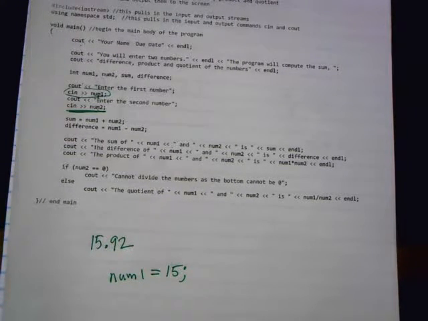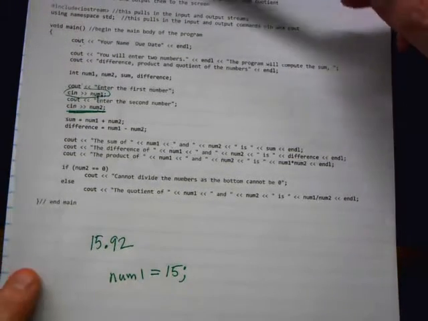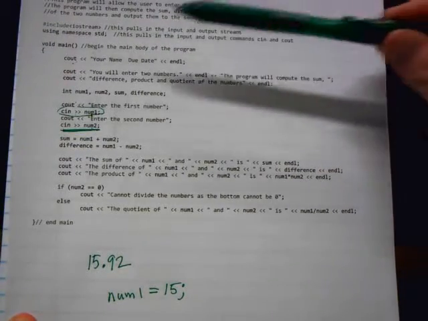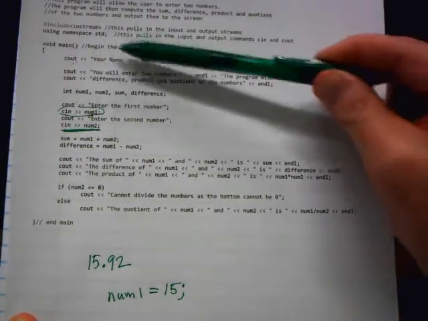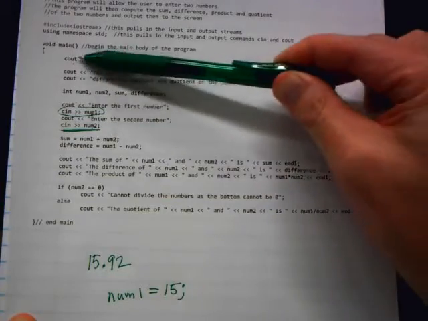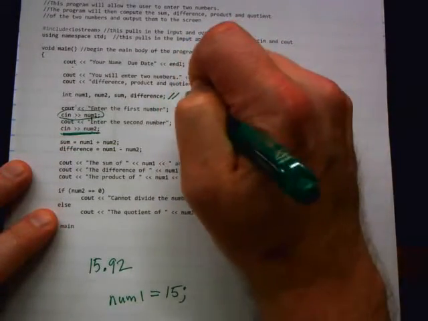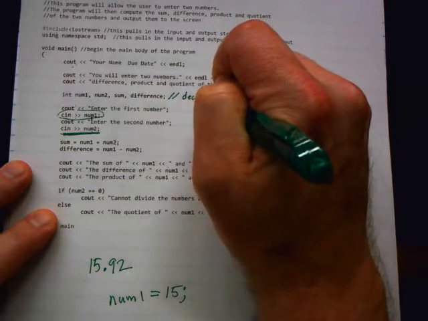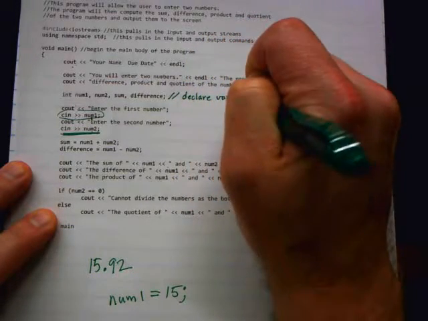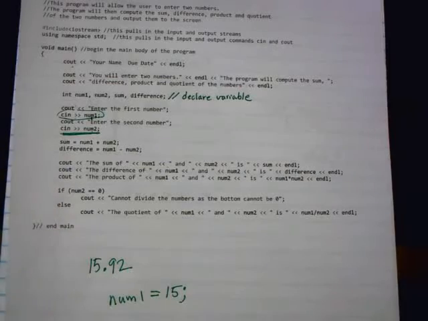All right. So, general flow again. We have documentation on top. We call in our headers. We either begin with directions or declare variables. So if I were to document this line right here, I would call it declare variables. That's what that line is doing. It's saving the memory spots for the computer.